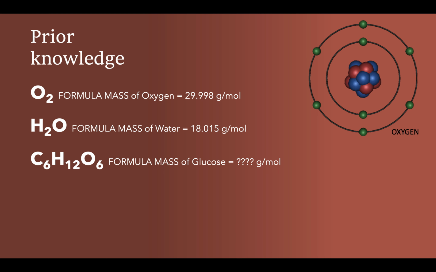And oxygen is 15.999, you've got 6 of them. If you need to, pause the video, have a go at this. And the answer is 180.156 grams per mole. So if you have a mole, 6.02 times 10 to the 23 molecules of glucose, you'll have 180 and a bit grams of glucose. Small bag of sugar, really. Sachet of sugar.